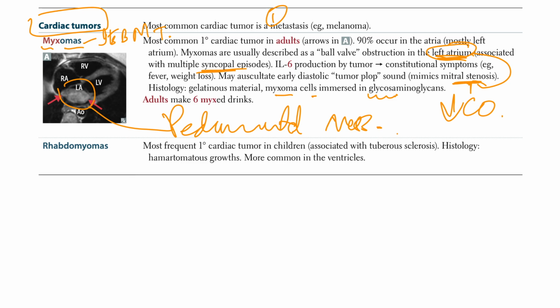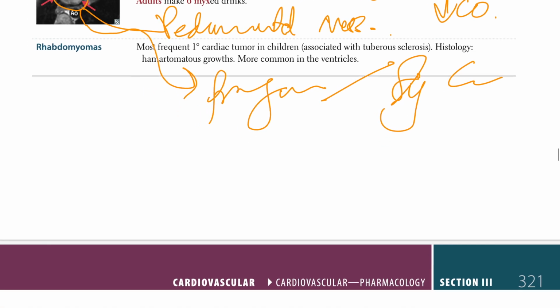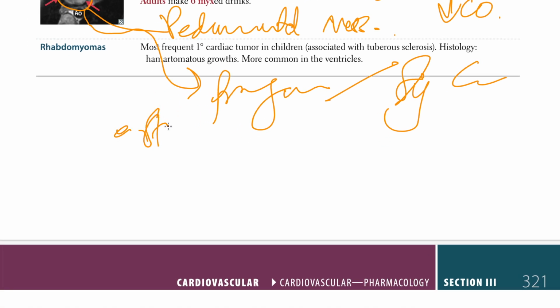And because it's a tumor, the fragments can embolize. Because it's in the left atrium already, it's going to cause systemic embolization. What are the systemic embolizations? If it goes to the brain, it's going to cause stroke.